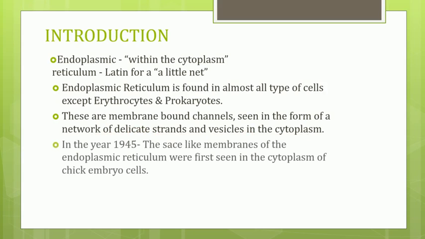This organelle was first observed in the year 1945. A sac-like membranous organelle was seen in the cytoplasm of chick embryo cells. That was later on called endoplasmic reticulum. So let us take a history of this discovery.